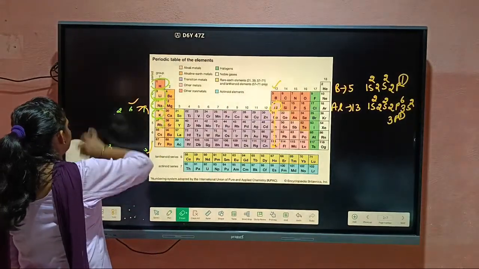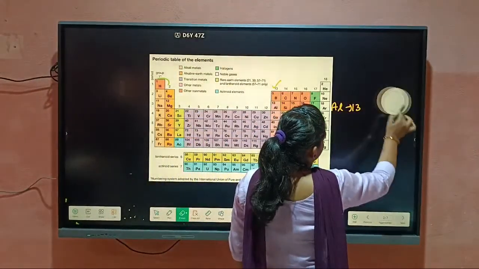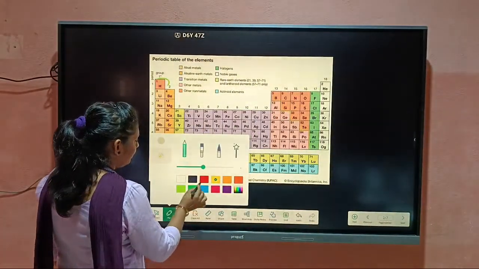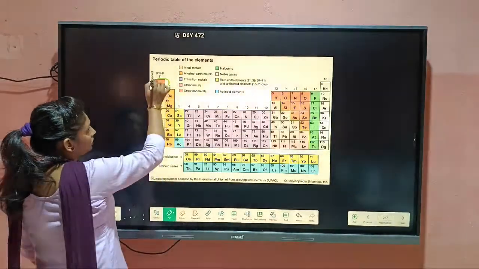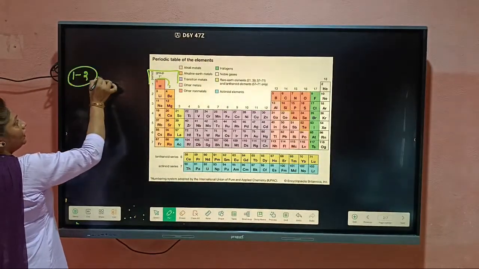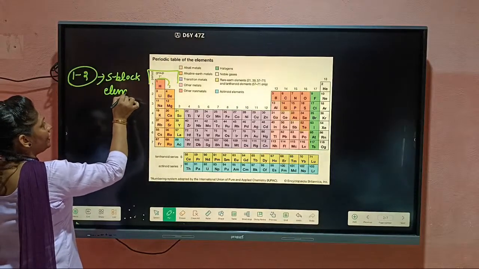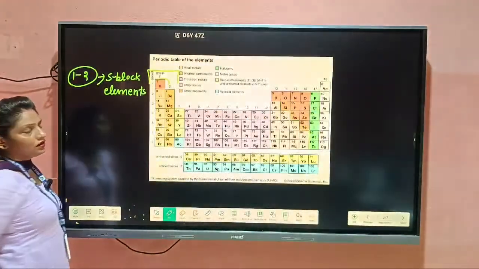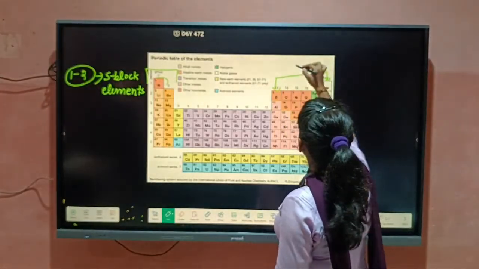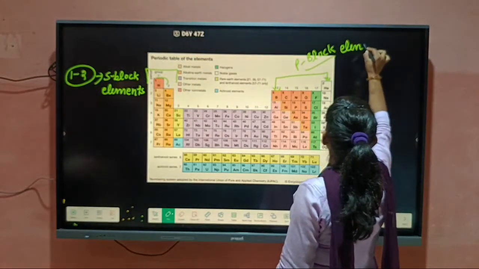There are a total of four blocks in the modern periodic table. The first one is known as the S block. Group number 1 and 2 elements are known as the S block elements. Group number 13 to 18 elements are known as the P block elements.